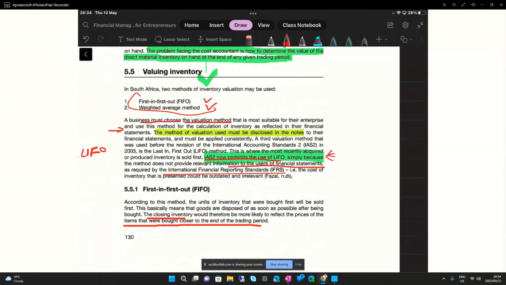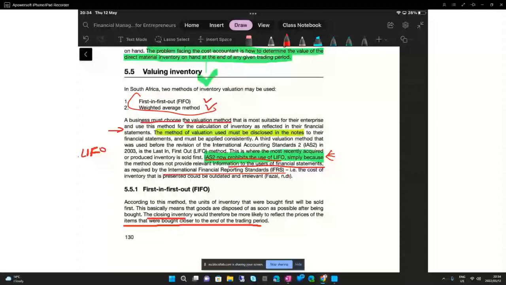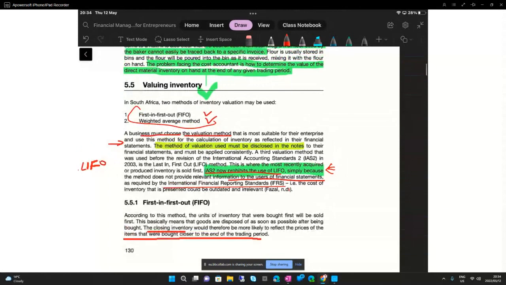First in, first out: obviously whatever came in first is the one that will be used first, and whatever came in last will be used last. These are methods of valuation, or valuation methods.